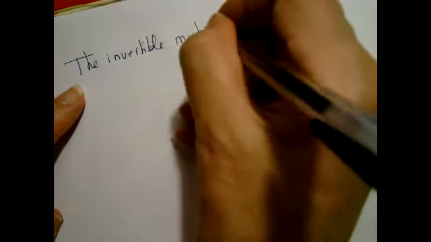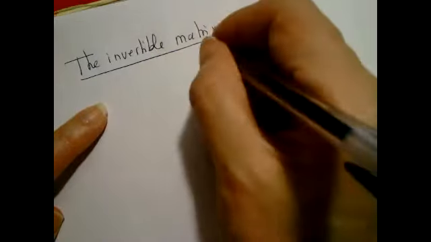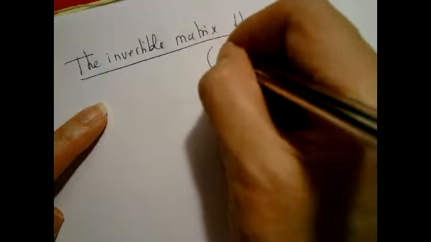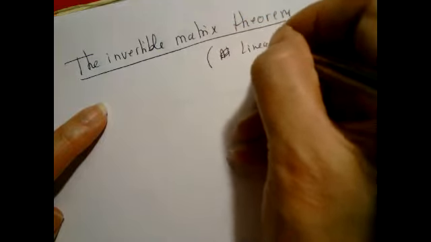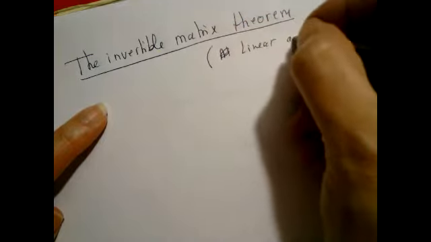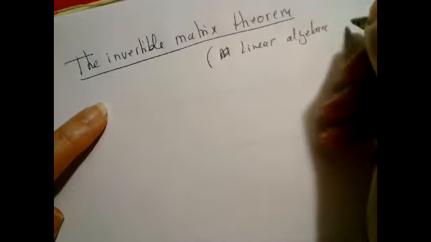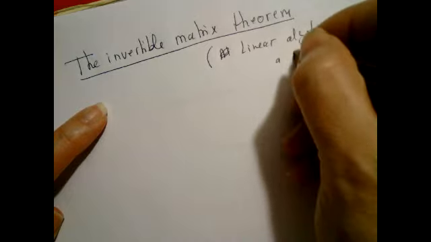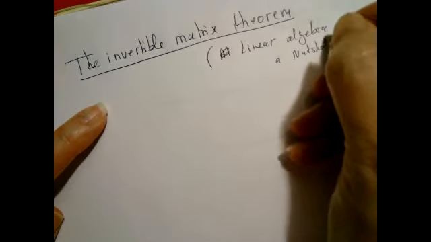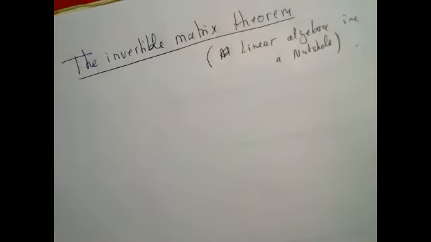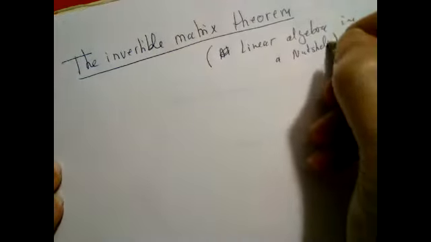If you go online, it's usually called linear algebra in a nutshell. They like to give it this name. All right, so don't worry about that. So this is the theorem.